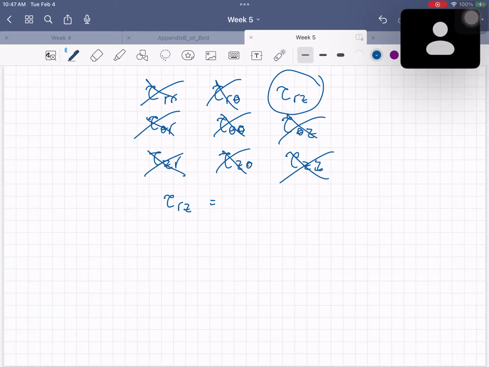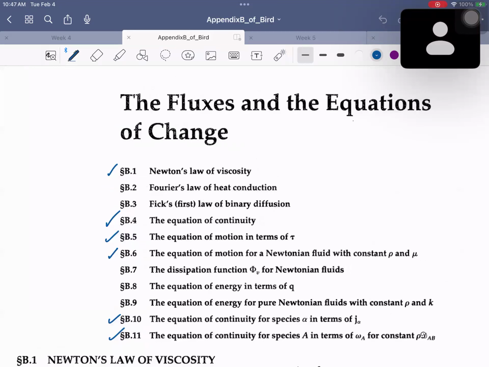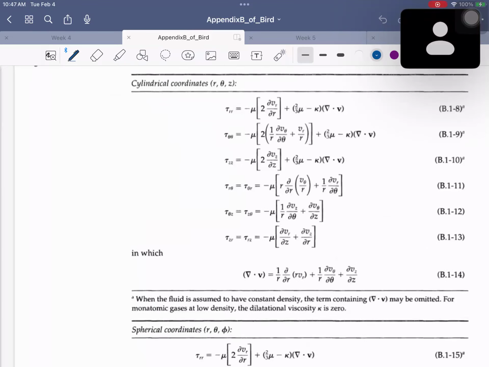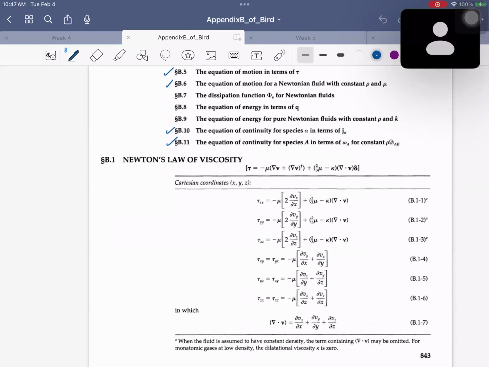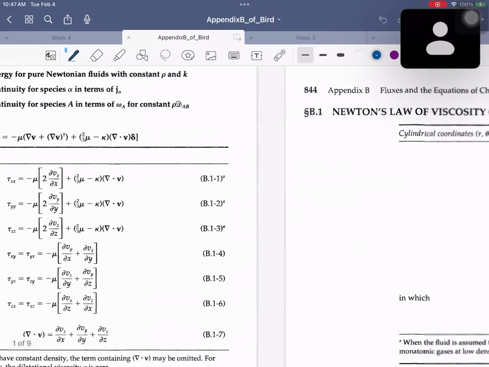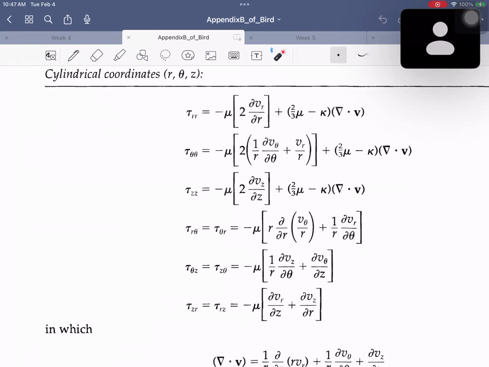So momentum flux tau RZ, what will it be equal to? If you don't remember, just go to the appendix, B1. Newton's law of viscosity is listed for all coordinates. The first one is Cartesian, but this problem is cylindrical, so we're going to look at the cylindrical one.